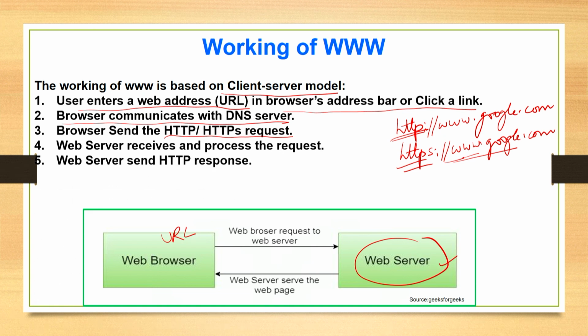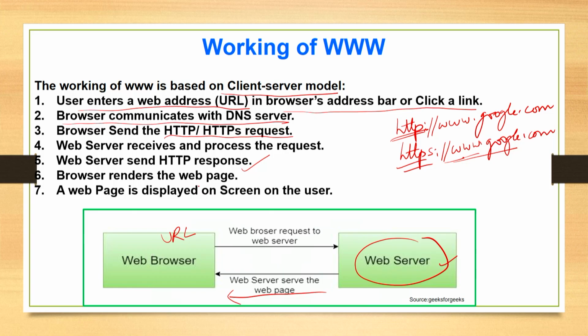After that the web server sends an HTTP response. The browser renders the web page. So this is the working of the World Wide Web, or WWW. Once it renders the page, the web page is displayed on the screen of the user.